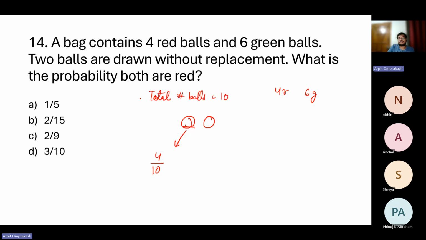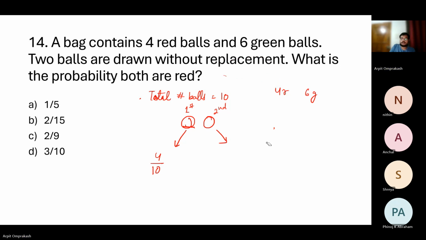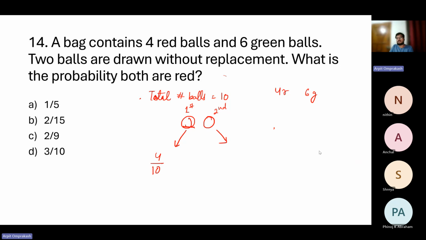But this is for the first ball. When we are picking the second ball, we are not replacing. So without replacement basically means that we have not replaced the balls that we have taken out. The red ball that we picked the first time is already out of the game.